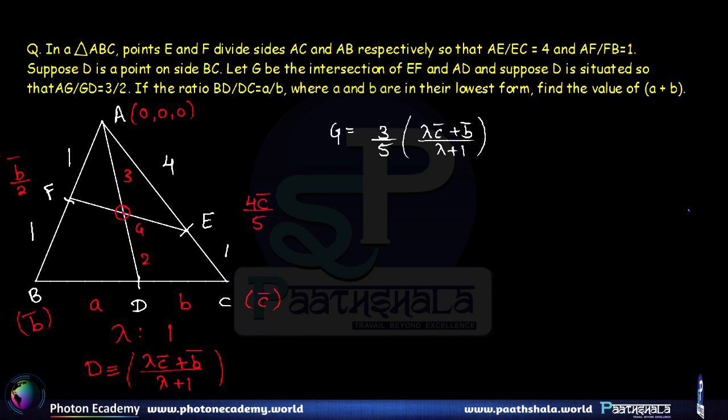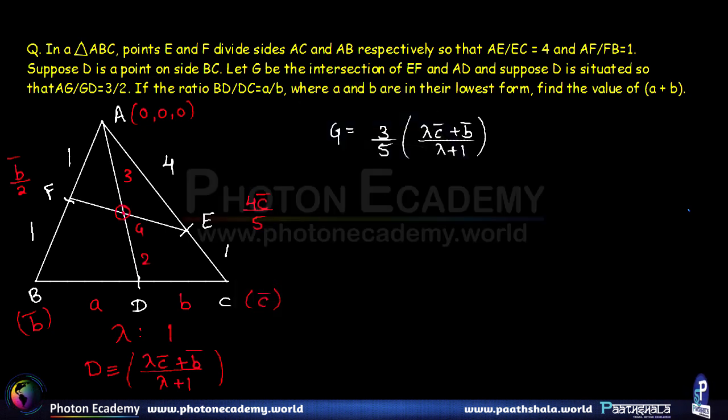And another thing to observe over here is G is the intersection of line AD and EF. So we can safely say that G, E, F are collinear. And we know that when 3 points are collinear, then it means that every point divides the line formed by the other 2 points into some fixed ratio.